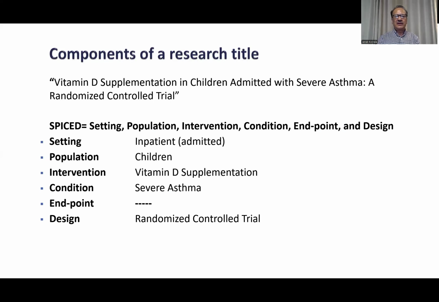Endpoint, probably it's not required in this particular study. And design, randomized control trial. Probably we can say that endpoint is improvement in vitamin D level or decreased fracture, but probably this research does not intend to go that far.